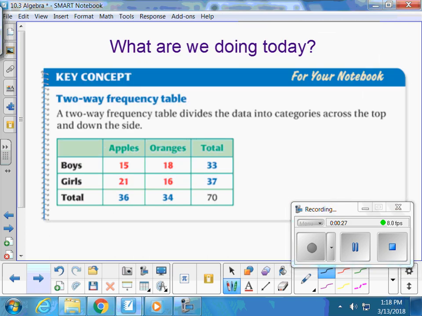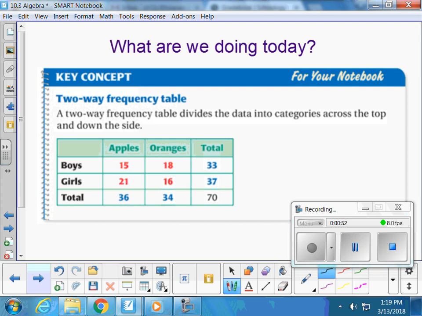All right. So here is what these two-way tables will look like. This particular table should be on your paper in front of you, but it kind of divides your category into almost four categories. Boys and girls, and then people that like apples and people that like oranges. So you can say things such as, I surveyed 33 boys. 21 girls like apples.